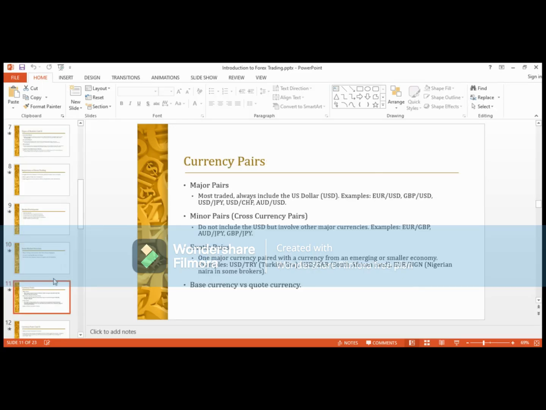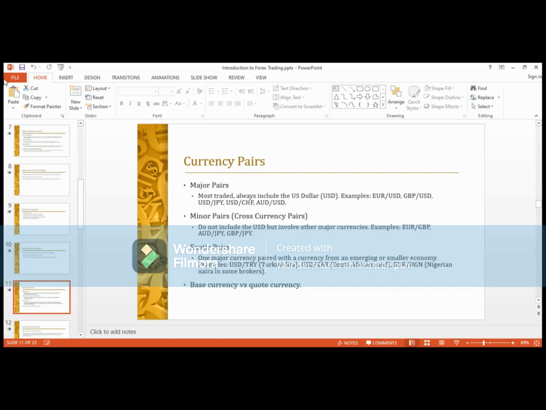So we have currency pairs because these are the things you are going to trade on. Currencies are a medium of exchange which countries use for buying and selling goods and services.